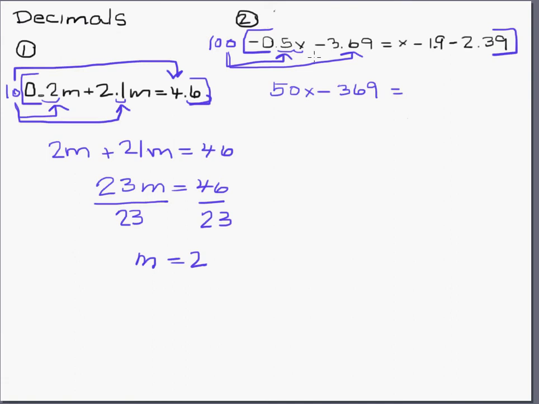I do the same on the other side. I end up with 100x. I hope I have room for all of this. I end up with this going 2 places, right? So I'm going to have negative 190.